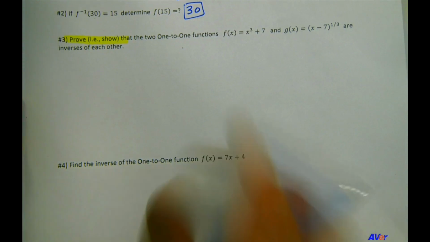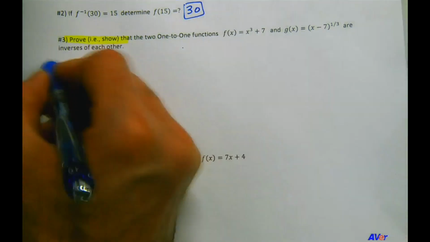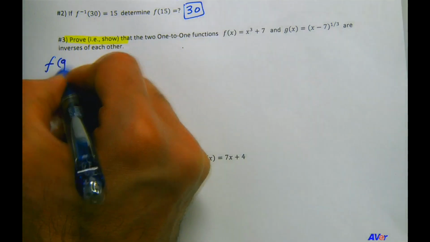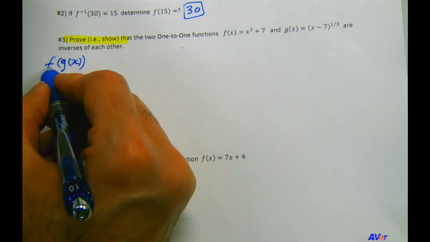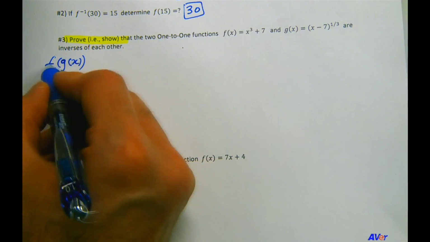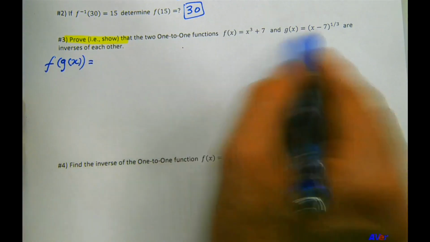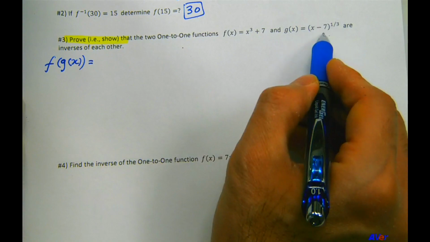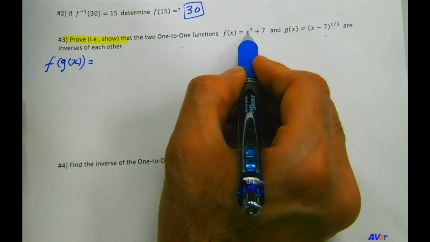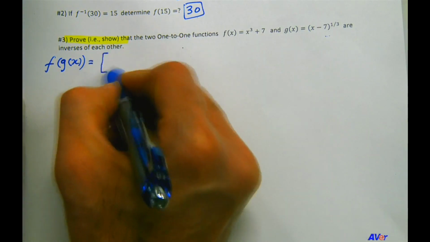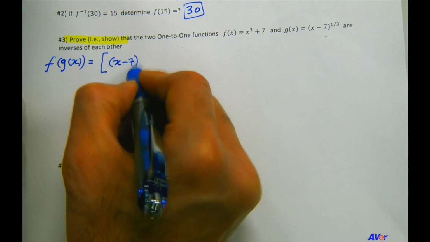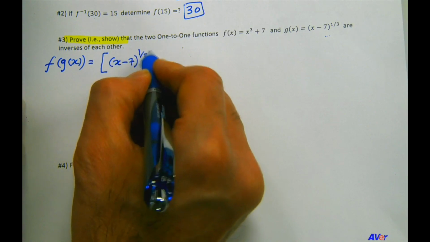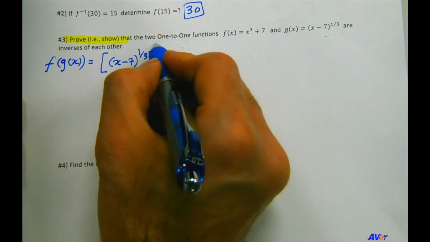Okay, the way we do that here, let me take the composition of functions as f and g. So g gets embedded or placed inside f. All of that gets replaced where x is, right? So bracket x minus 7 to the 1/3 power, cubed.